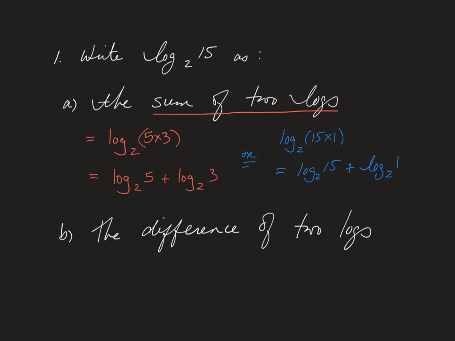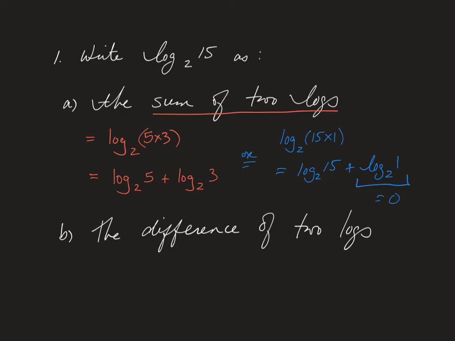I want you to notice that wouldn't be acceptable, because look at your second log. Do you notice how you can evaluate that? 2 to what exponent gives you 1? That's 0. And so because we could evaluate it, we wouldn't accept that as a statement. Your red solution is going to be one of your only solutions.